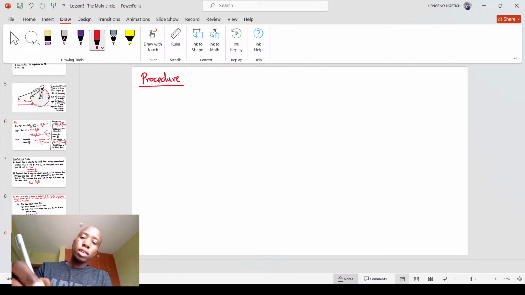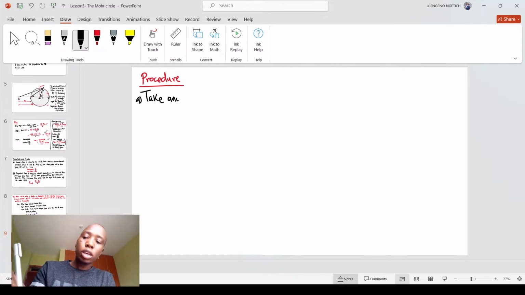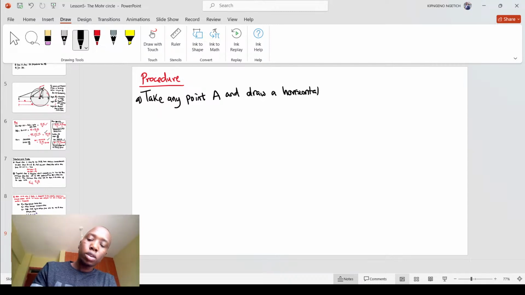Let's write: take any point A and draw a horizontal line through A on both sides.